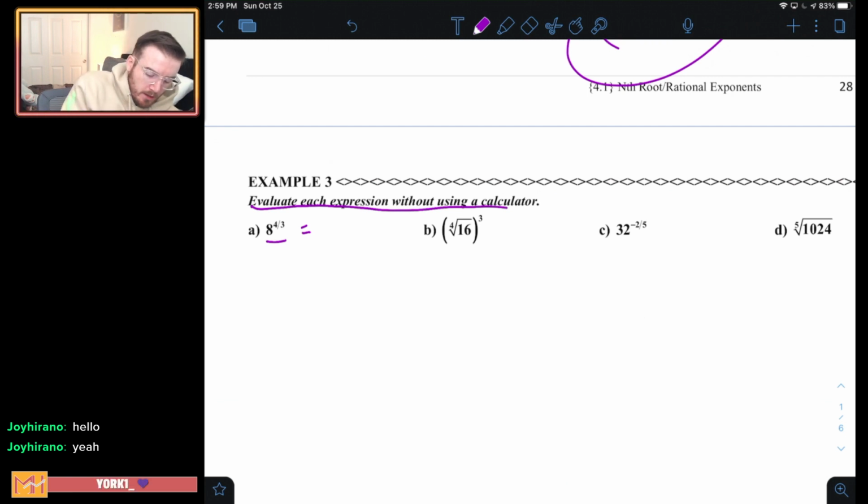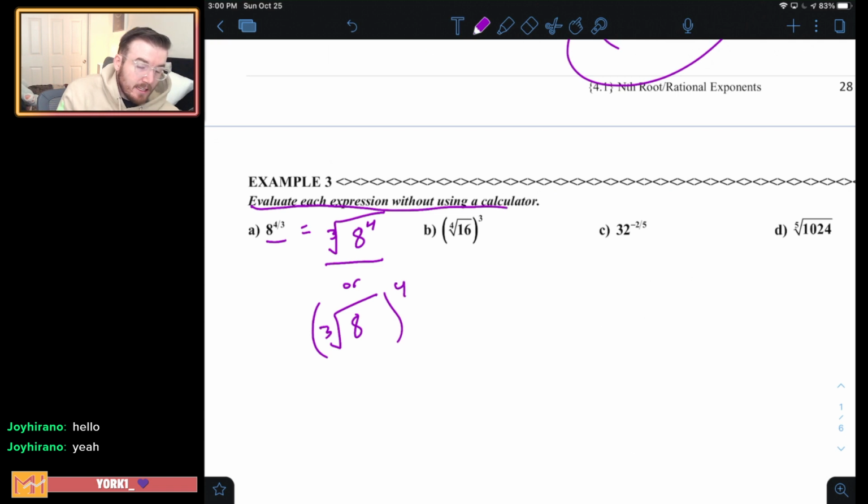So what do we know? 3 is the size of the root, so we're taking the cube root of 8, and 4 becomes the exponent. Remember, I can write it like this or like this. It really doesn't matter which way you do it here.